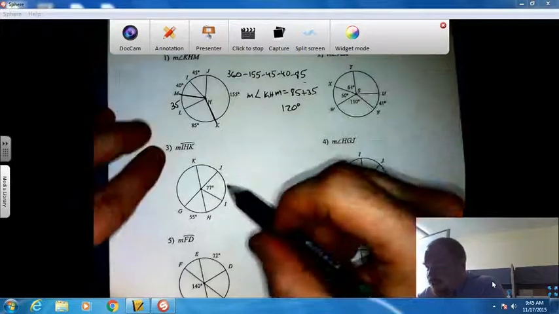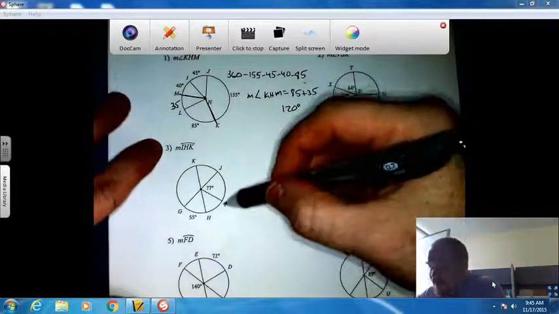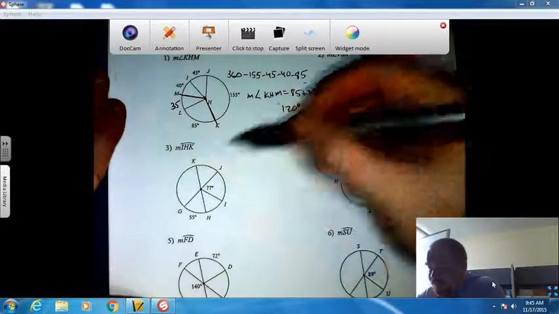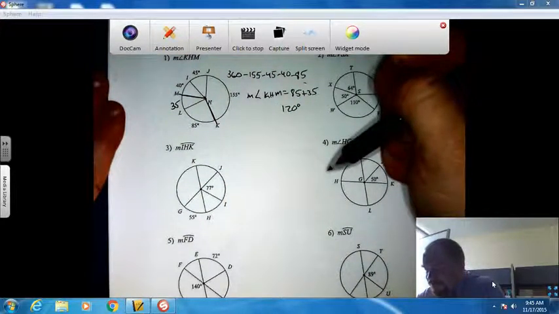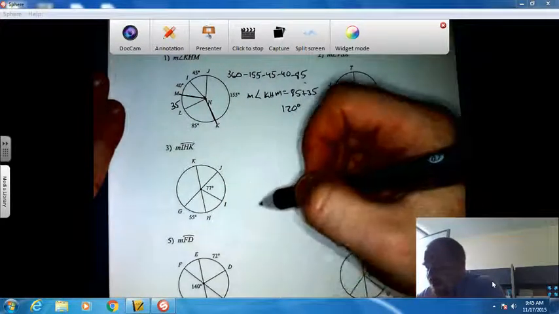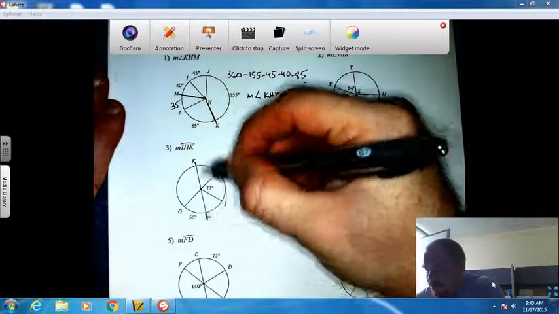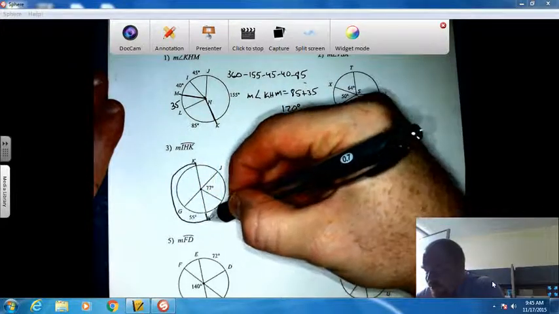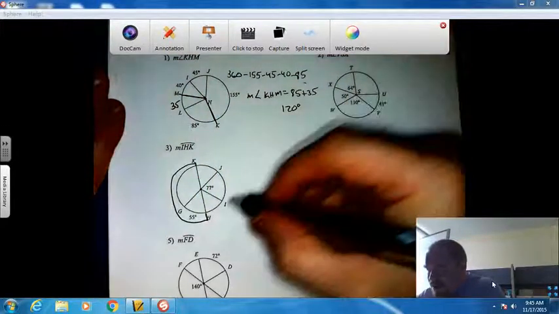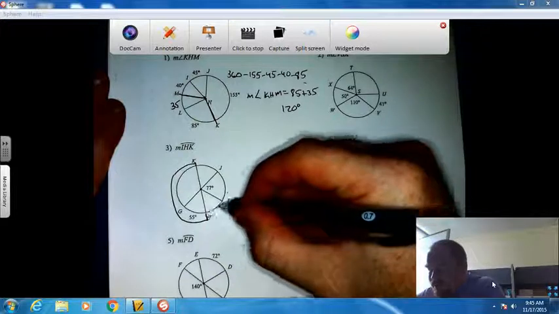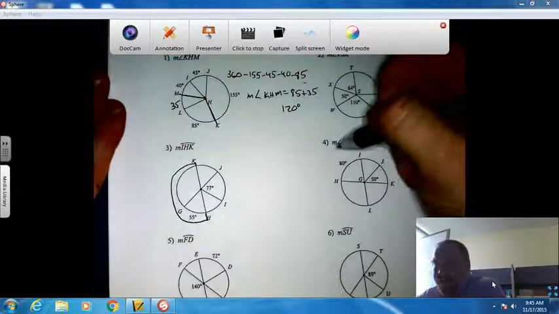In number 3, the measure of arc IHK. All right, well, I know that this from here around to here is 180 degrees, so I'm not super worried about that. But what I do need to find out is this arc right here, how many degrees that is.